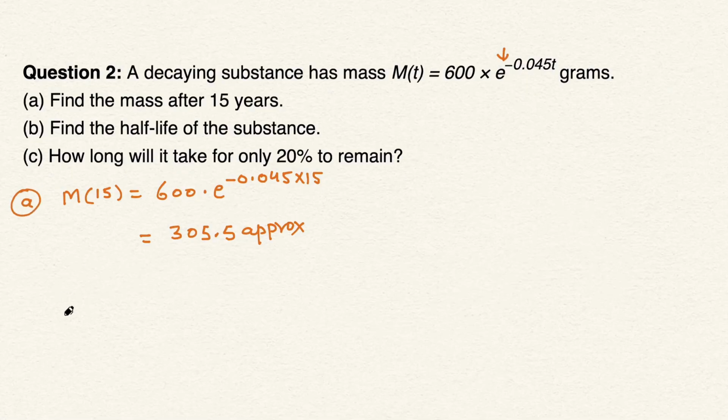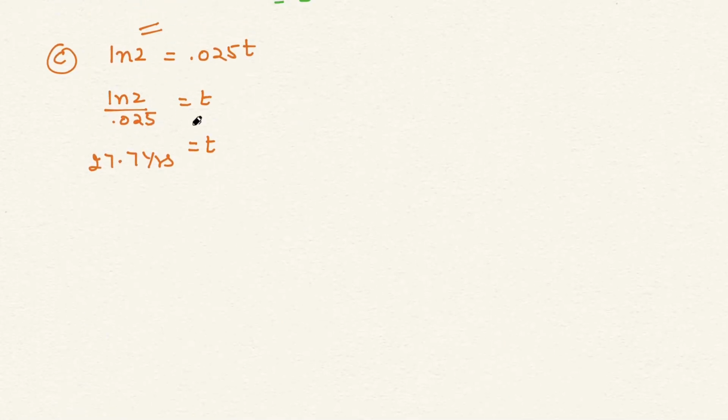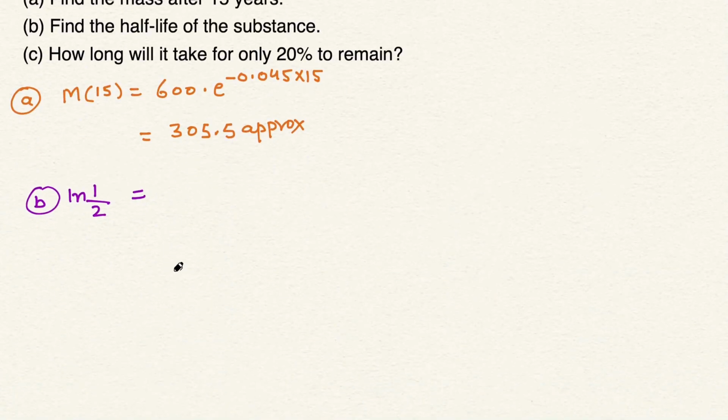Okay, let's come to part B. Find the half-life of the substance. Half-life means it's 1 by 2 is equal to, I have to start from here. When the money doubles, or when the decaying substance is half, you must reach here directly.